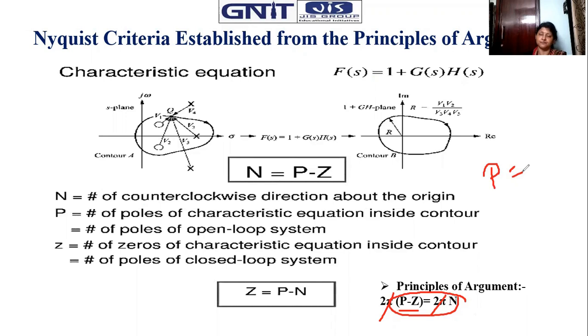And P is the number of poles that exist, which will be termed open loop poles.